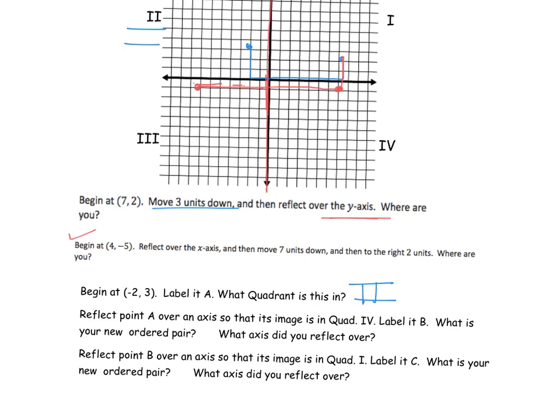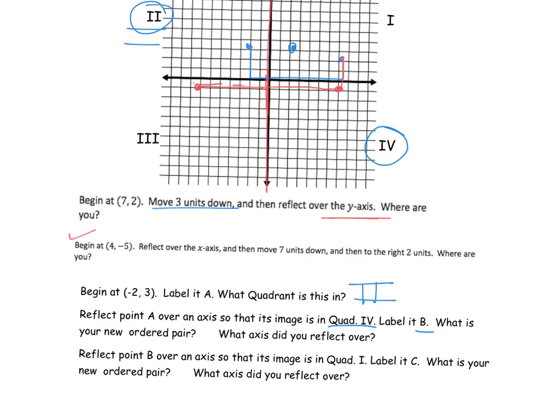Reflect point A over an axis so that it is in quadrant 4, and label it B. Well, to get from quadrant 2 all the way over here, you have to actually reflect it twice. So we're going to reflect it over the y-axis.